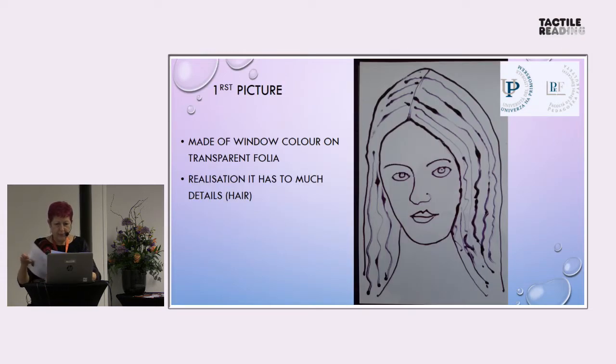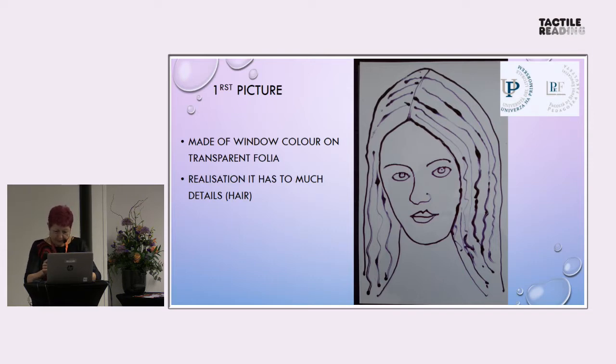So I prepared the first picture, made of window color on transparent folia, and when I tried it with one blind person, he said it has too much detail on the surface of the hair. Please, Janja, you can touch this picture.